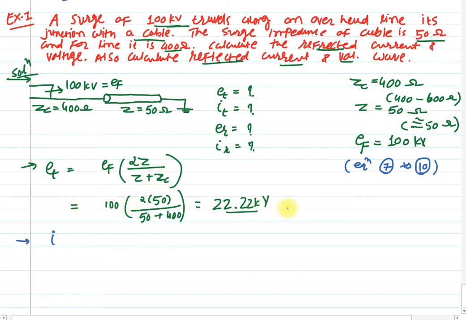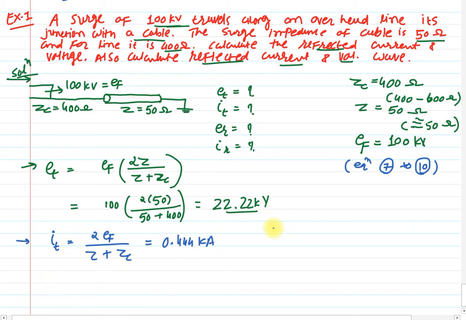I hope you are clear up to this. The equation for IT is equal to 2EF divided by Z plus ZC. If you substitute all the values in this equation, we get the current IT equal to 0.444 kiloampere. Clear?